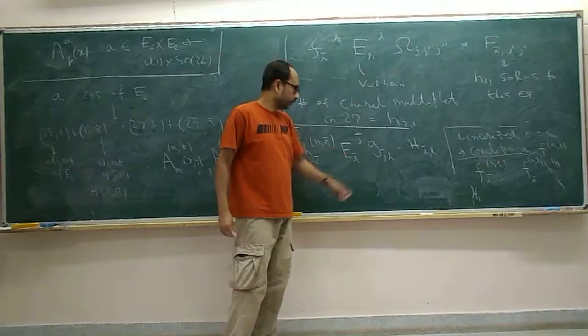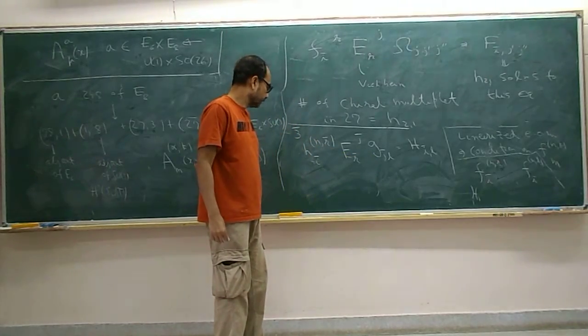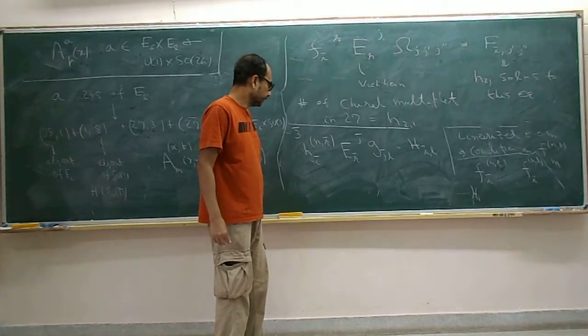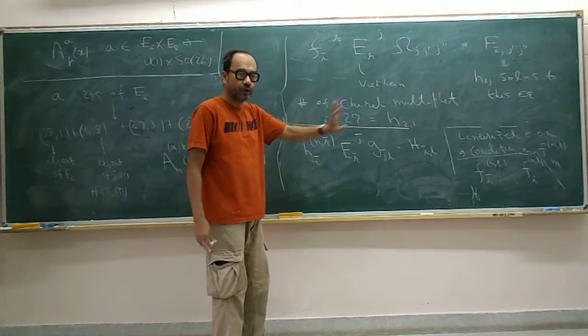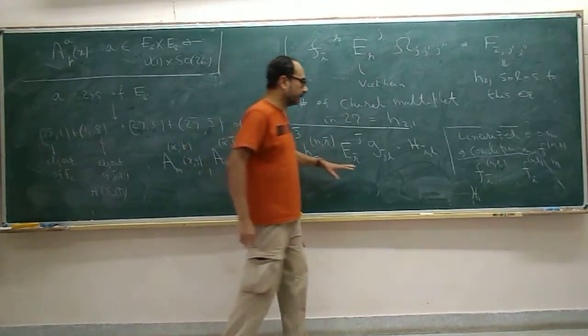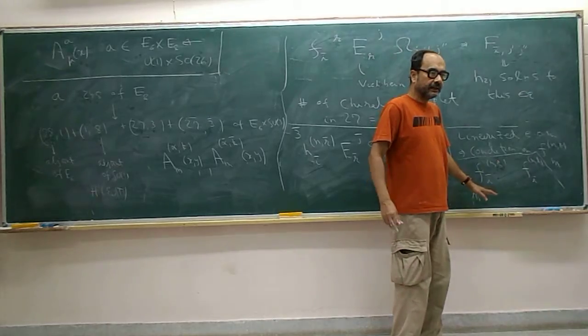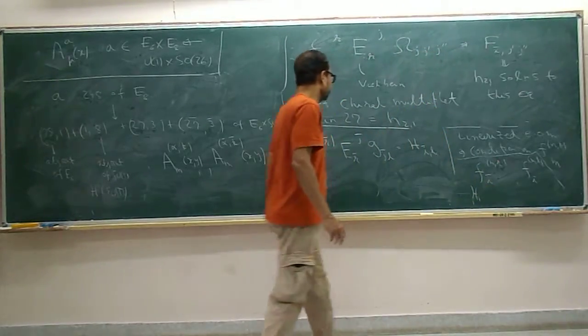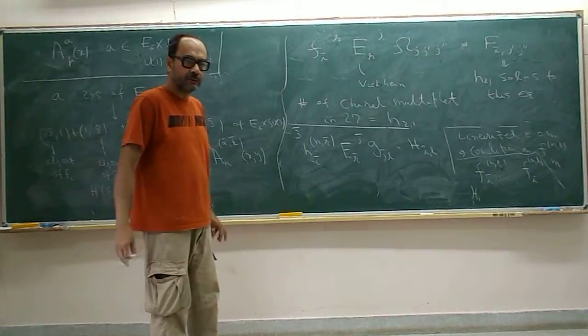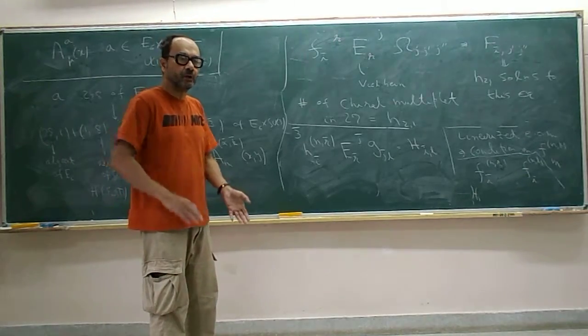And H I bar R bar is the same as H I R star, right? So you are not counting those separately. You are only counting these with the I bar index. That's why the 27 counting did not include this, because that will come from the 27 bar, like the complex conjugate of the 27 bar.